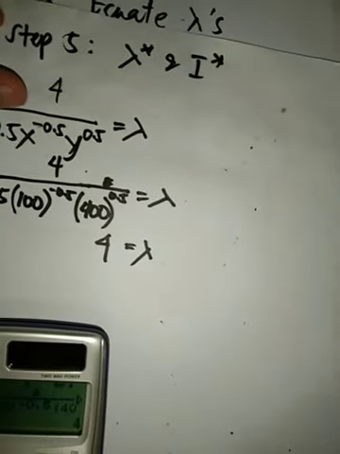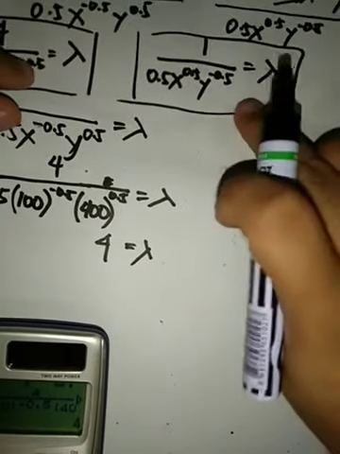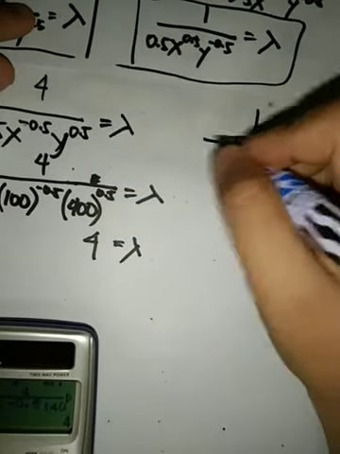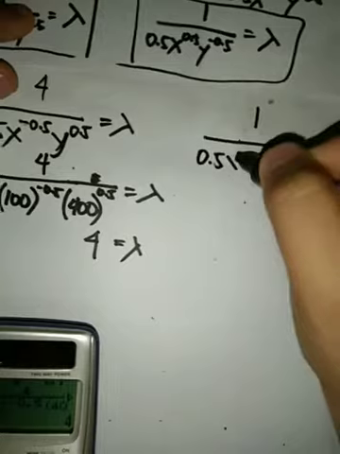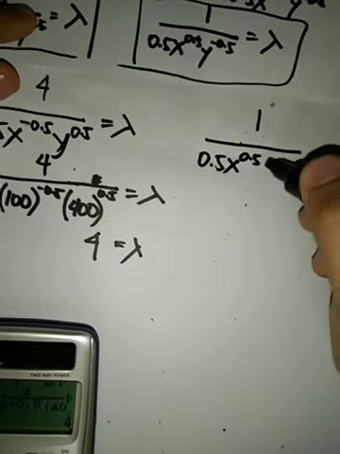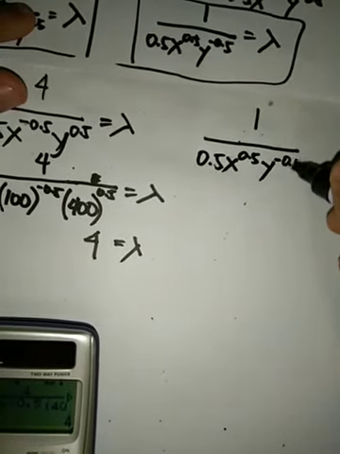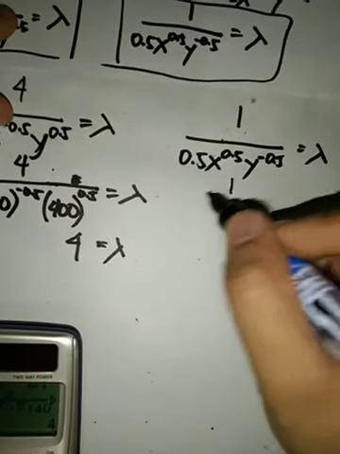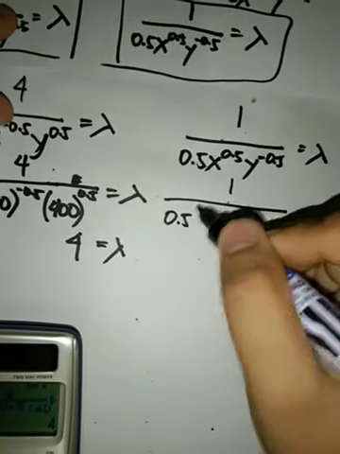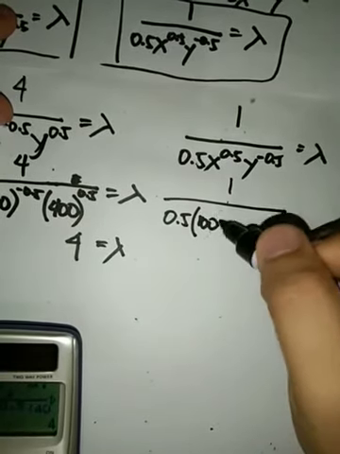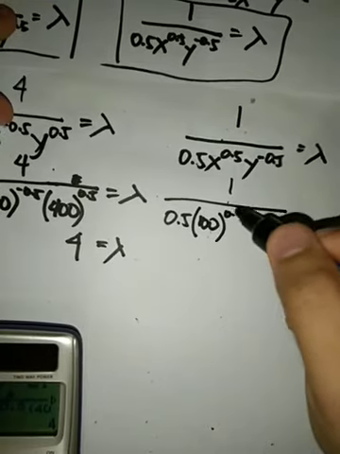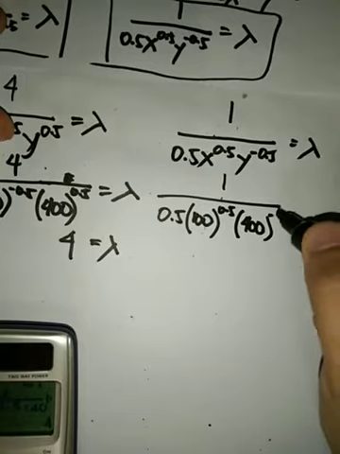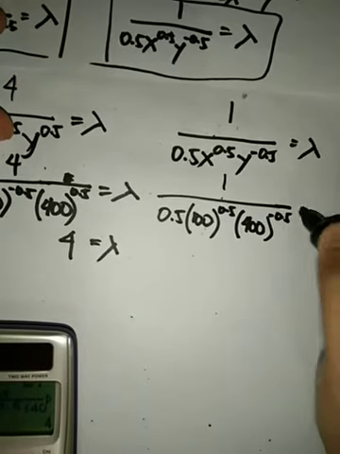Pagdating dito, ito yung second lambda natin, 1 over 0.5 x raised to 0.5 y raised to negative 0.5, ganyan man yan. Then 1 over 0.5, then our x is 100 raised to 0.5, then ating y is 400 raised to negative 0.5 is equals to lambda.